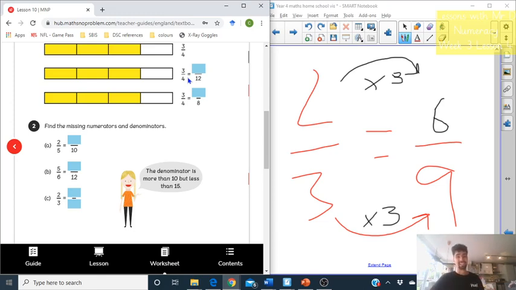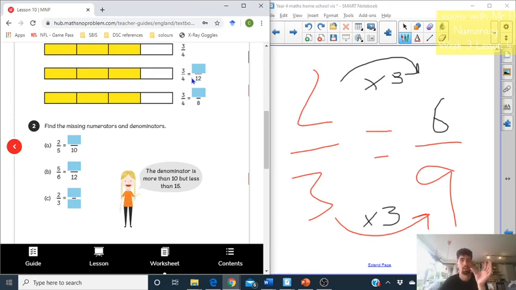But if it takes you a while to see, if you can't see the link between 4 and 12, if you don't know that 4 lots of 3 is 12, because that's 1 lot of 3, 2 lots of 3, 3 lots of 3, 4 lots of 3 is 12, it's going to really slow you down. Also bear in mind that 12ths are actually a smaller part.